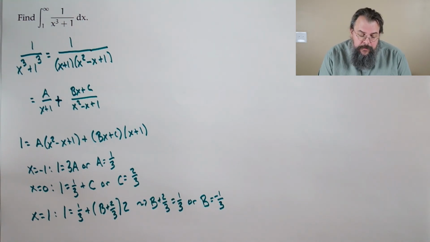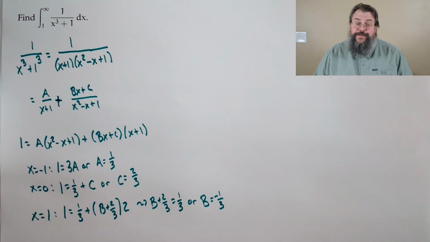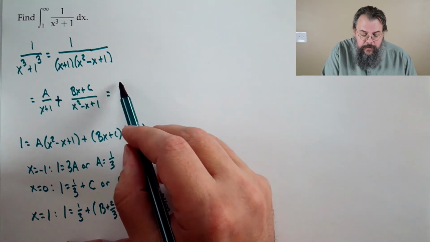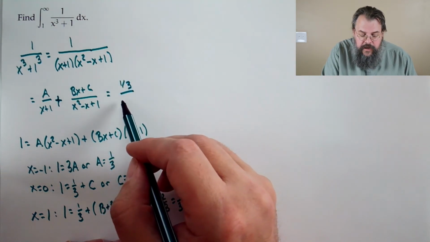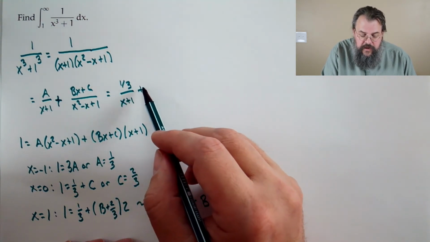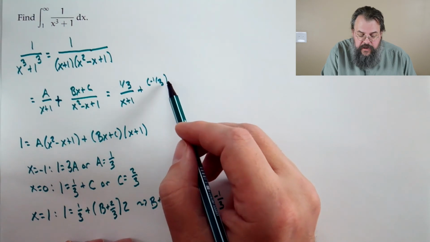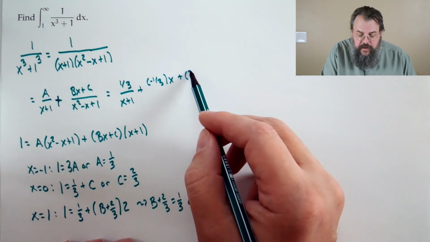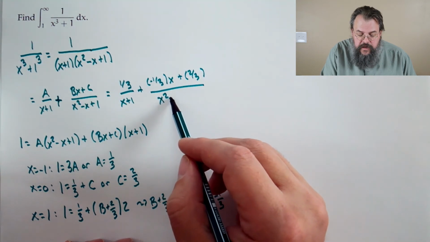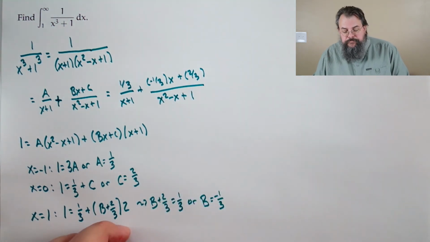So now we're pretty happy. We say, wonderful, we have our partial fractions decomposition, right? So we get, this is 1/3 over x plus 1, and then we have plus minus 1/3 x plus 2/3 over x squared minus x plus 1.